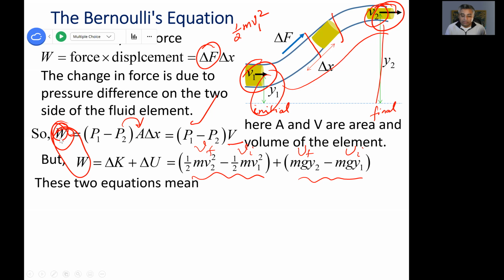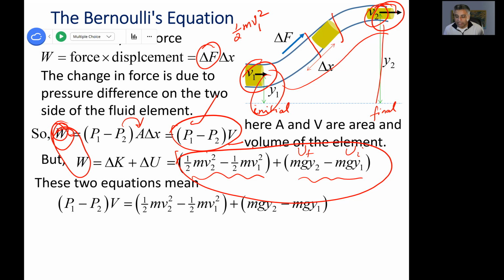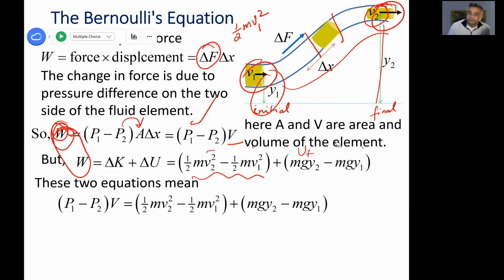So now, they are the same means the right-hand side of this equation and the right-hand side of this equation must be the same if the left-hand sides are the same, right? So I can write like this. I see mass, I see volume. And I also know mass divided by volume is density.